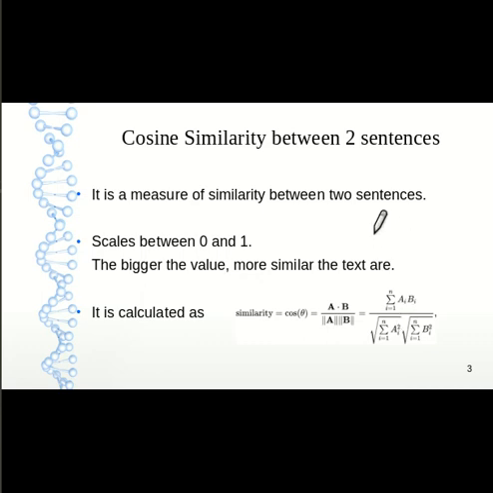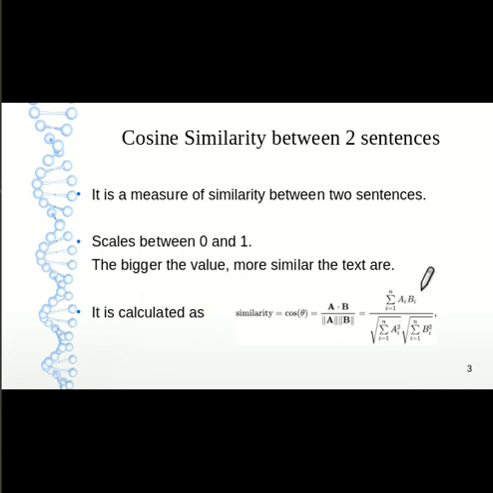Each word, first word is "this". What is the number of occurrence of "this" in sentence A? That is ai. Likewise, the number of occurrence of "this" in sentence B is bi. So first we take the intersection of all of the words in A and B, then we multiply the number of occurrences in each sentence and add all of it.